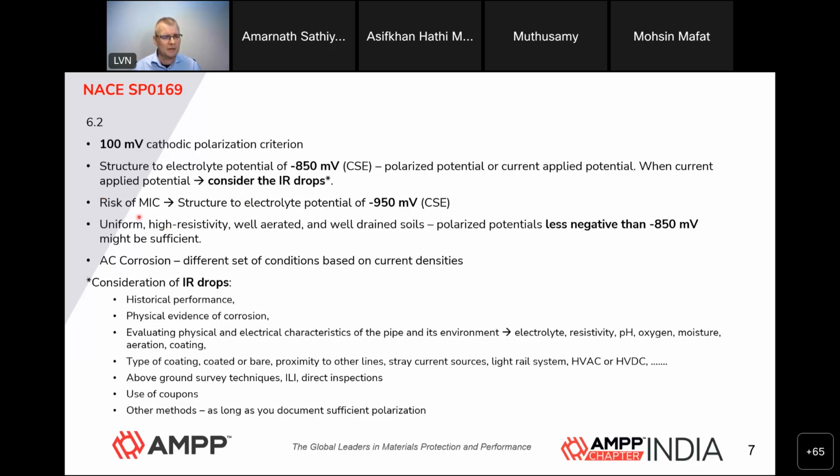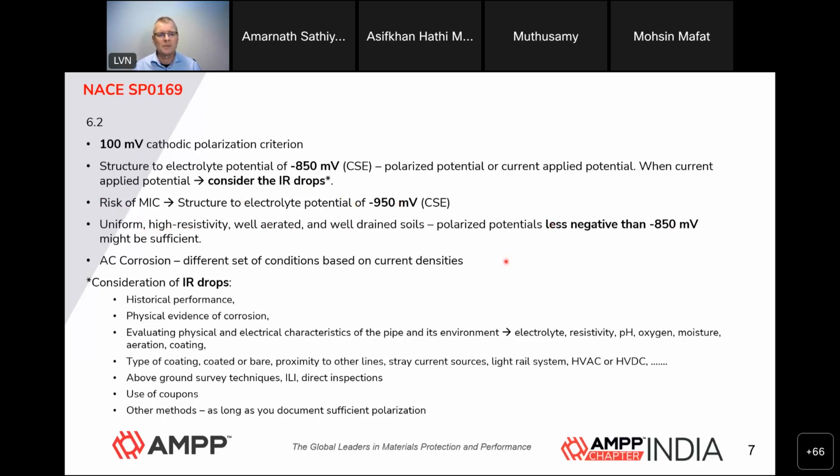So if you have MIC or risk of MIC, the potential should be minus 950. If you have a uniform high resistivity, well aerated or well drained soils, polarized potentials can be less negative than even minus 850.